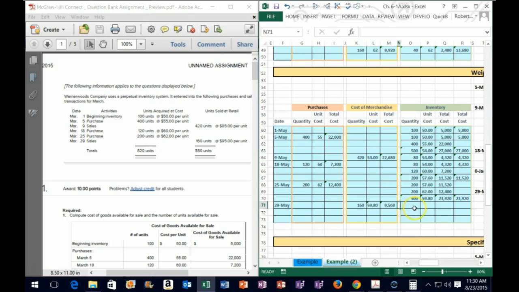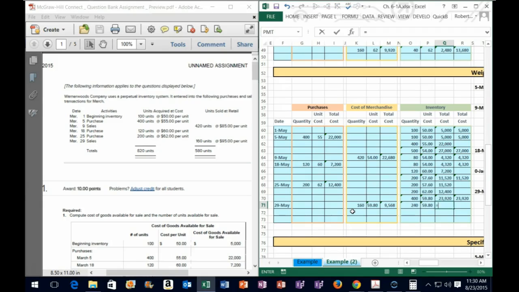Then of this layer, the 400 units at 59.80, we sold 160 of them. Therefore, we have how many left? Equals 400 minus 160. 400 minus 160 equals 240. Then they all cost about 59.80.